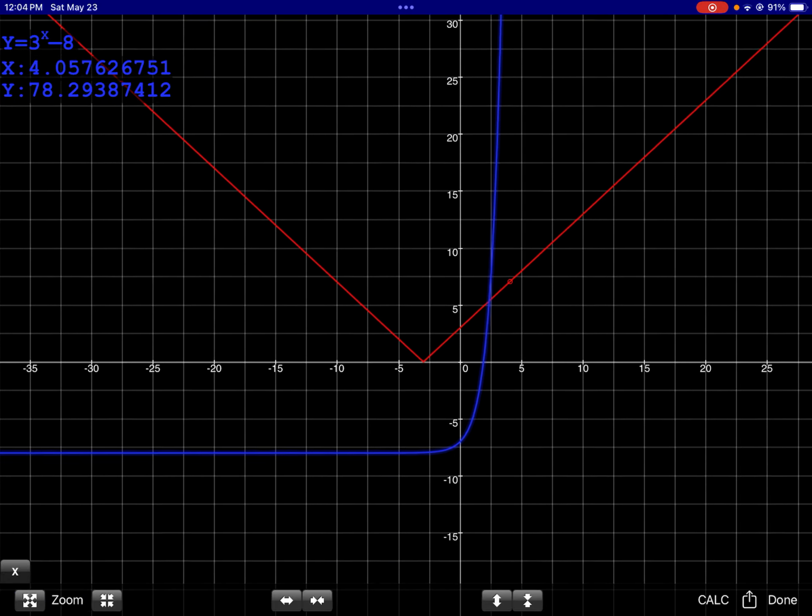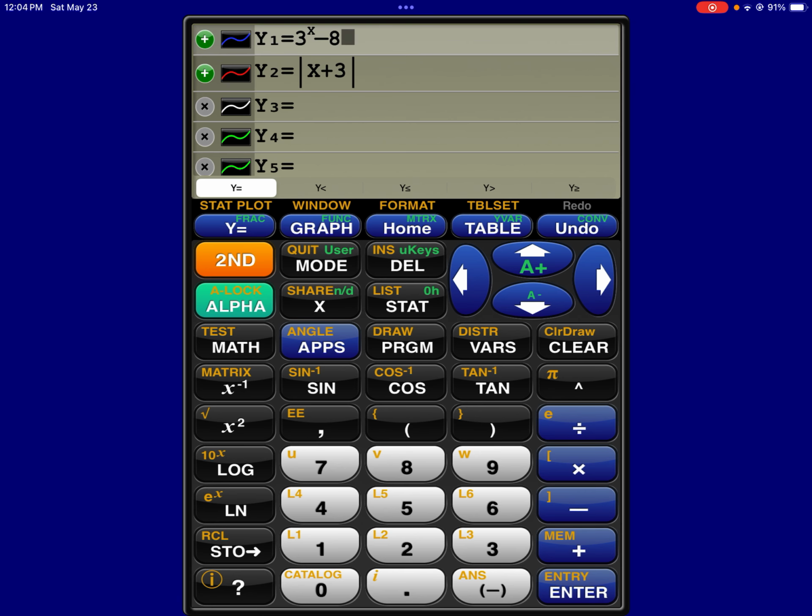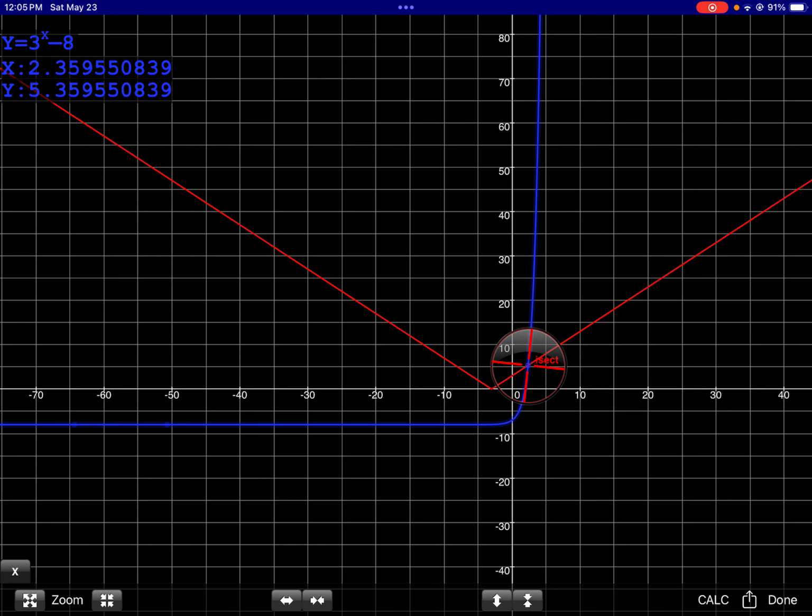Is there more than one? All right, let's try this one more time. I have to check that out because according to my calculations, it looks like it is crossing there.